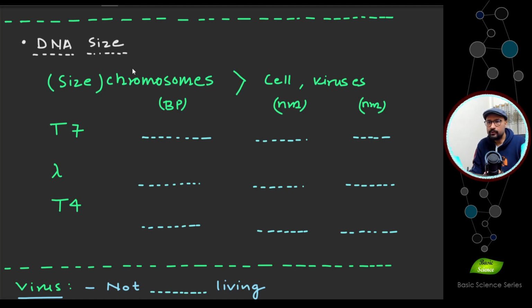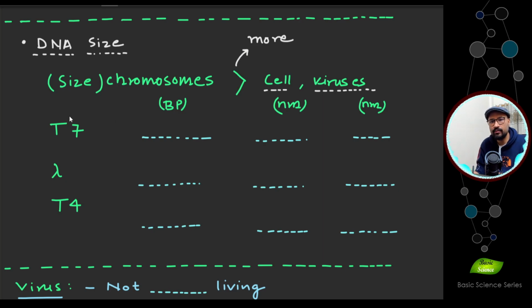What I have written here is that when it is compacted in a chromosome, the length of that DNA molecule is not less than the size of the cell or the virus, because it's a linear molecule, right? It's a linear molecule and you can stretch it out. It's going to be a thread-like molecule, and it's going to be very long. Now we'll try to understand how long it will be.